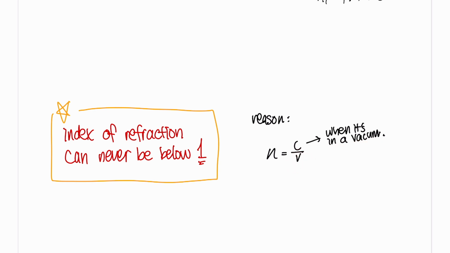So the speed in a vacuum is the maximum possible speed. This value is always going to be greater than this value, because you can never get light that travels faster than in vacuum. So the index of refraction is always going to be greater than 1.